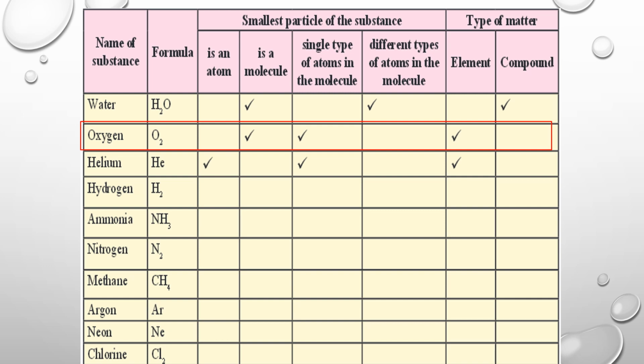No, it has only O as a capital letter. Because it has only one capital letter, you say that it is single type of atoms in the molecule. So we have ticked under single type of atom. Now because you have ticked under single type of atom, it automatically becomes an element. Why? Because element is nothing but single type of atom in the molecule. I hope this is clear.